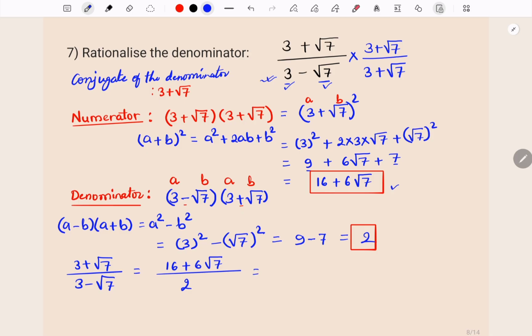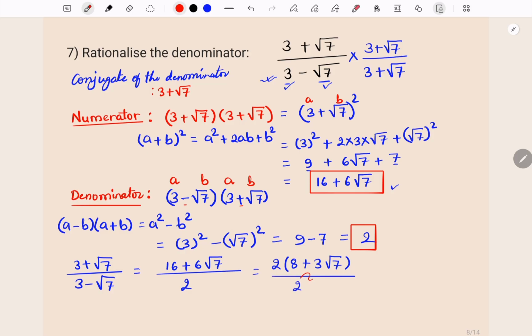Now, can I simplify it further? I think I can, because if you look at the numerator, you will see 16 and 6 root 7. I can factor out 2 from there, right? So if I factor out 2, I will have here 16 divided by 2 is 8 and 6 divided by 2 is 3. So 3 root 7, and in the denominator I have 2.